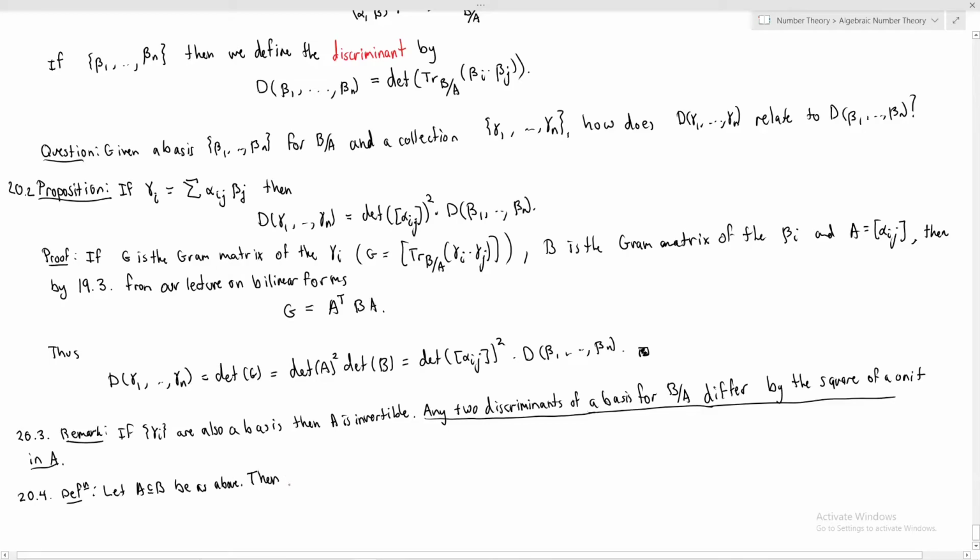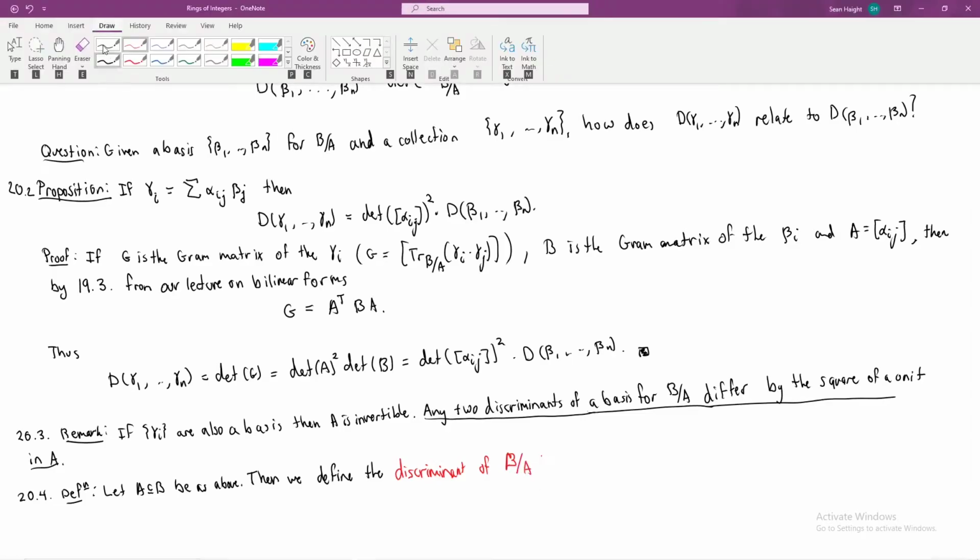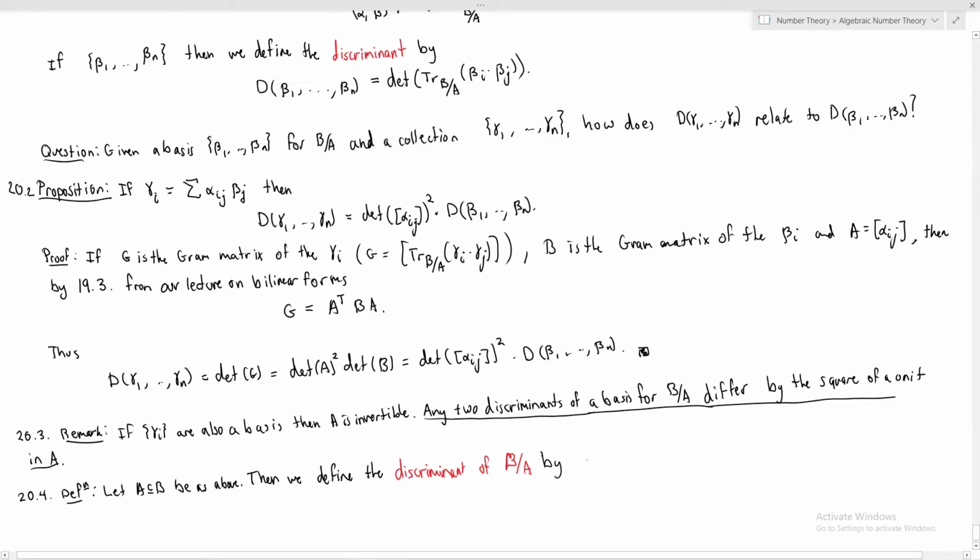So then we define the discriminant of B over A, sorry, by d of beta 1 through beta n for any basis beta i, up to multiplication by the square of a unit.